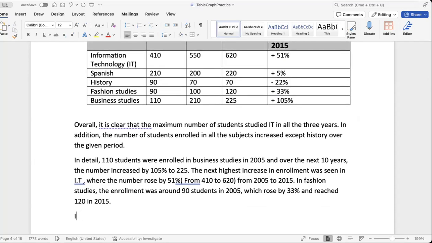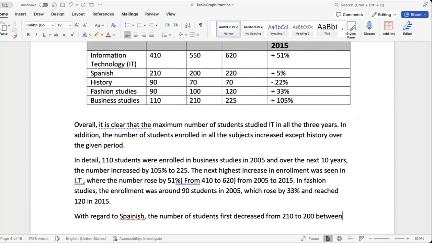Okay. So with regard to Spanish, I can start: the number of students first decreased from 210 to 200. What will I write here? Between which year and which year?